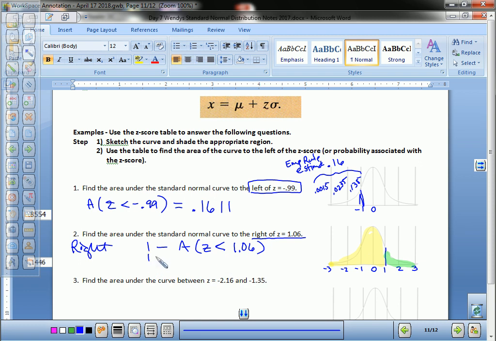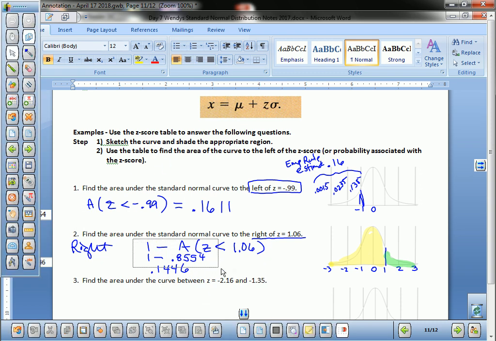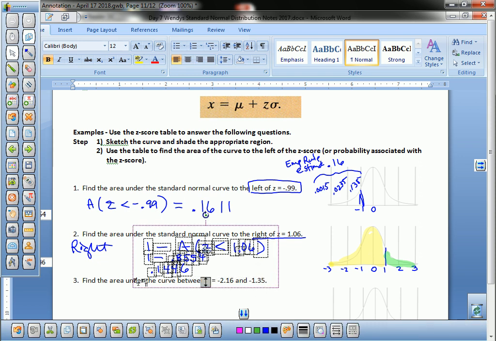So here we would have 1 minus 0.8554. And what do we get when we do that? 0.1446. Now, that is one method.